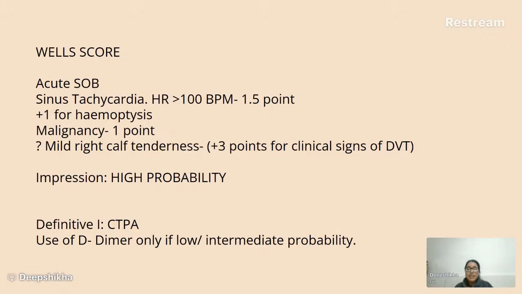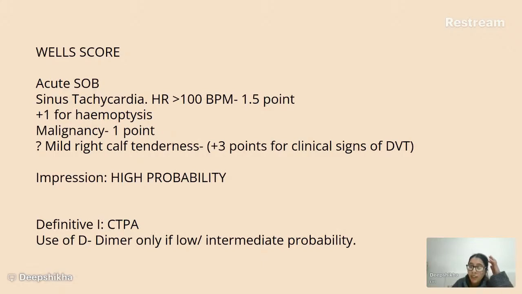At this point, as an F1, if you encounter a case like this, just quickly work out the Wells score and look at your PE risk factors, even if you're not sure what could be causing this shortness of breath and sinus tachycardia. You might not even get all these cardinal signs, or the hemoptysis, in a real life scenario, but it's more of a clinical judgment.